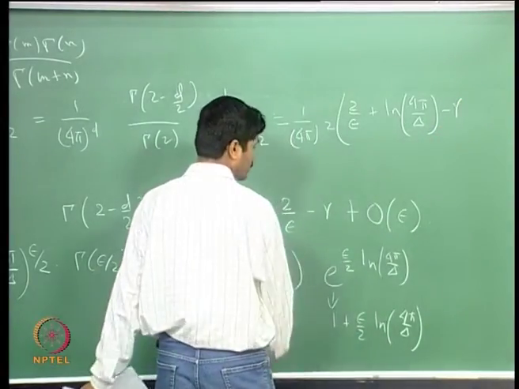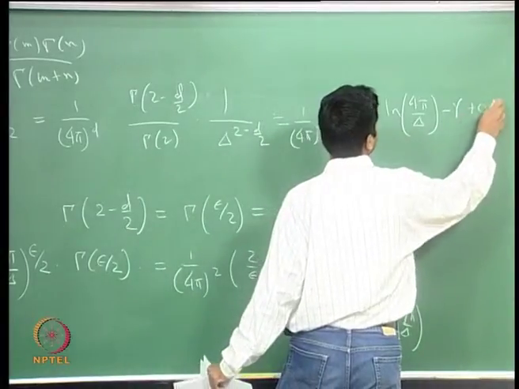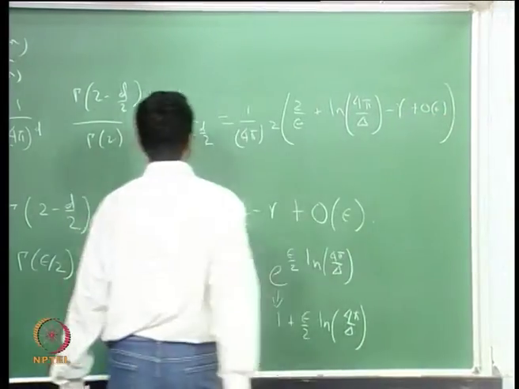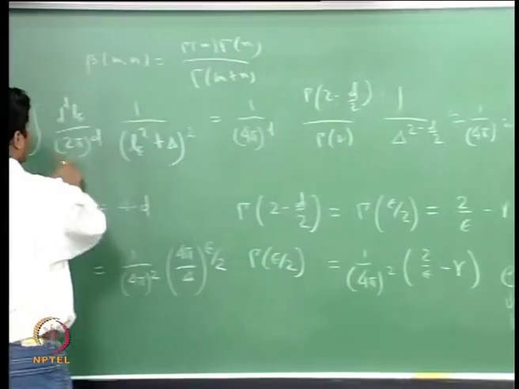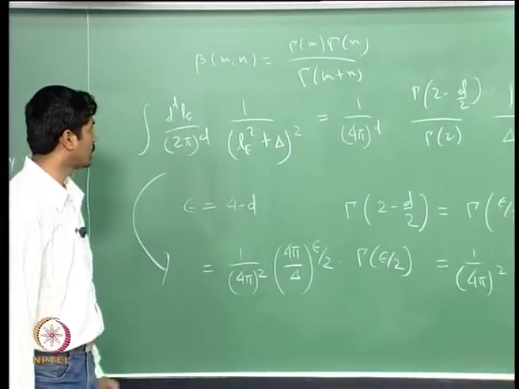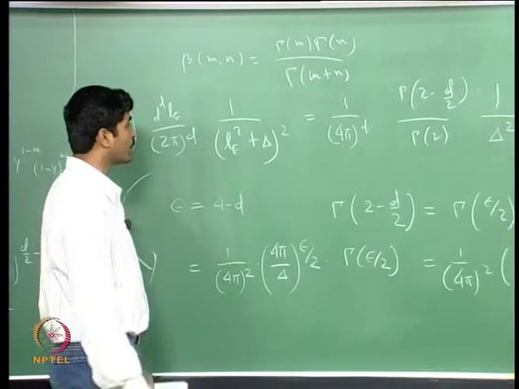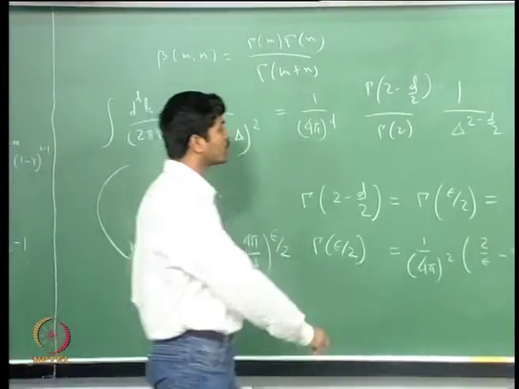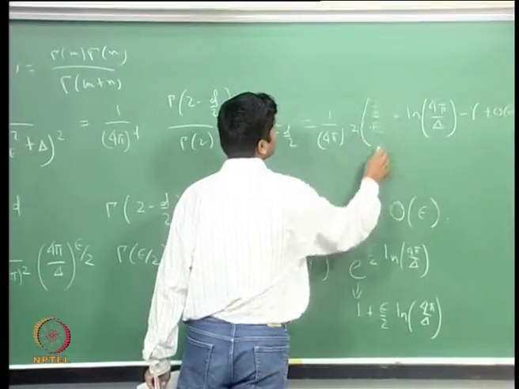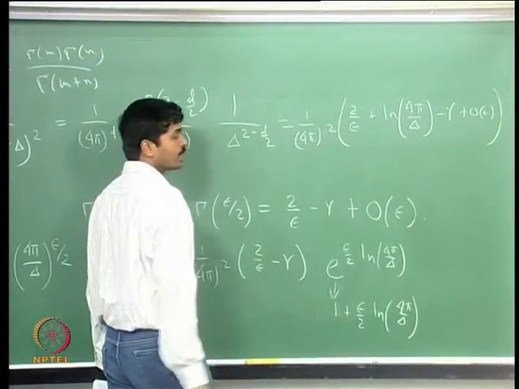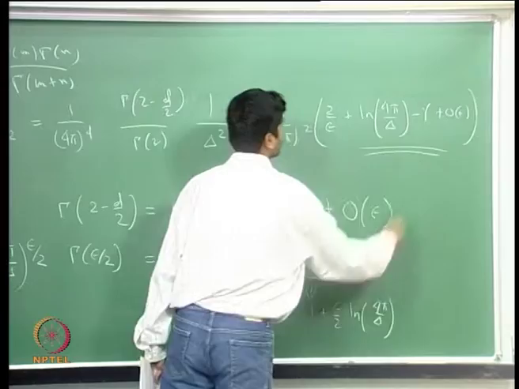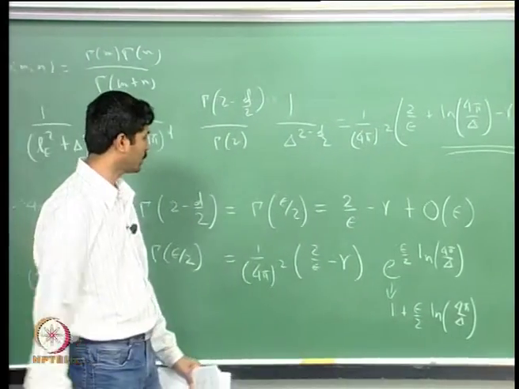All other terms are of order epsilon, this plus order epsilon. So, this is what I get when I evaluate this integration in d dimensions and take the limit d goes to 4. In this limit, the divergent piece is separated out, and then there is a finite piece which is given by this.